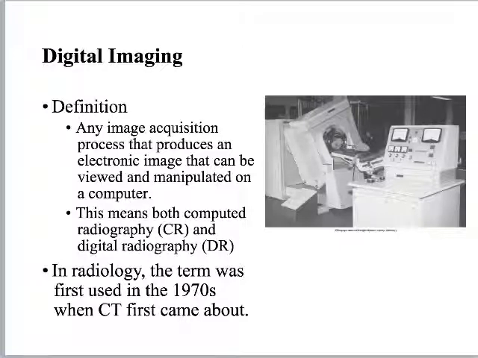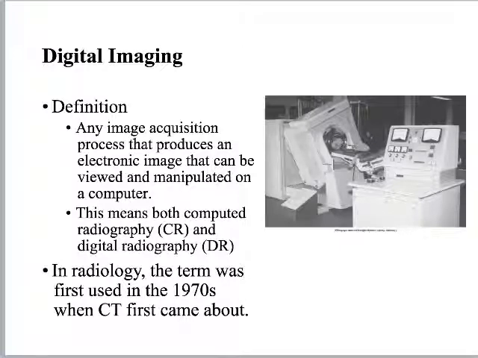So the pictures that you take with your camera, those are digital images, right? And in fact, it uses a thin film transistor and amorphous selenium to produce it. So whether or not you knew that or cared while you're taking pictures of your friends for Instagram, you are using a digital imaging system, and it's a form of direct capture, right? So we'll be talking about your cell phone camera today.